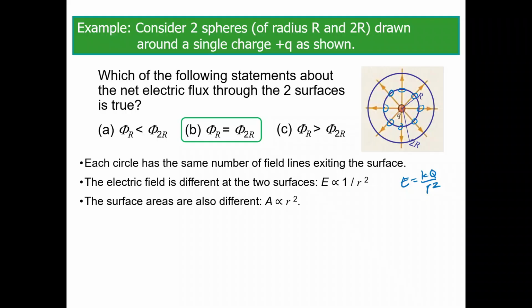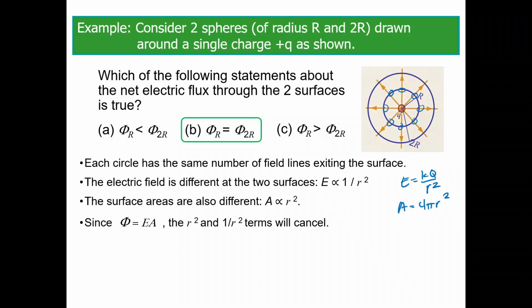The surface areas are also different because our A is 4 pi r squared. The surface that is further out has an area proportional to r squared, but has a weaker electric field proportional to 1 over r squared.